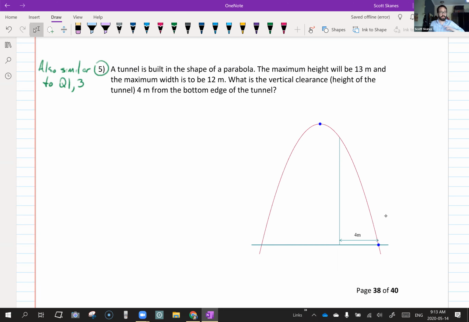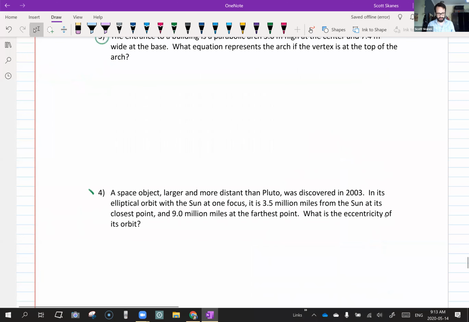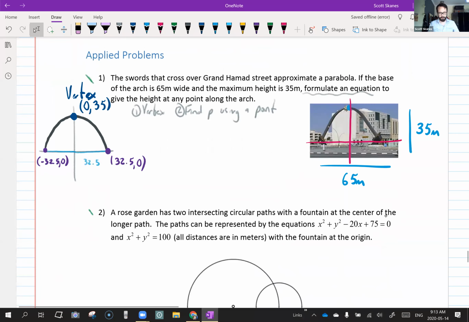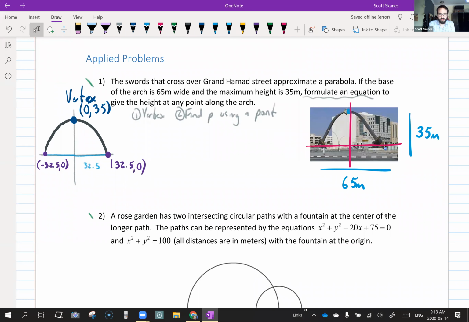So most real world structures that involve parabolas are going to be curving down anyways, because you usually walk through them. You know what I mean? You can't have an arch that goes straight up into the sky forever. It doesn't make any sense. So most times in real life, they're going to be curving down. Is that okay for you? I assume that it's okay. I feel pretty good about that explanation.